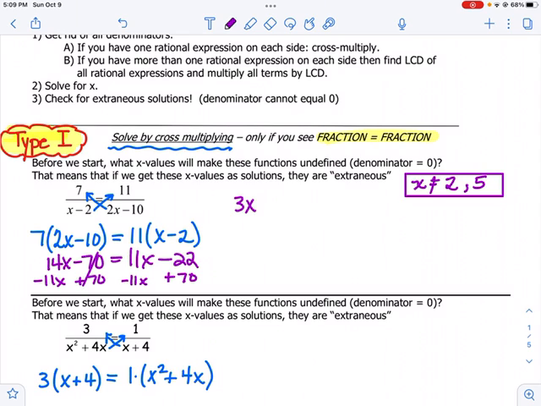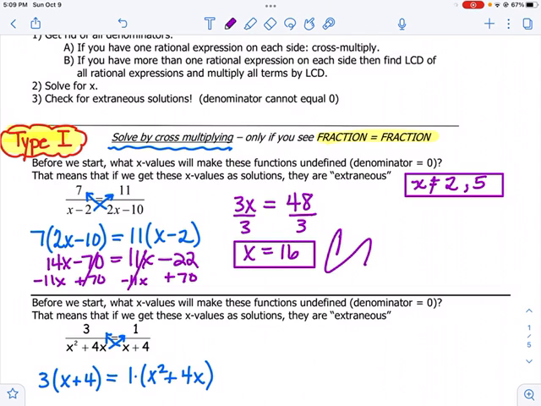The 70s are gone. And then 11x minus 11x. And then we get negative 22 plus 70, which is 48. So that's equal to 48. Then we divide both sides by 3, and we get x is equal to 16. Okay, so we have our answer there. Not an extraneous solution, so there we go.